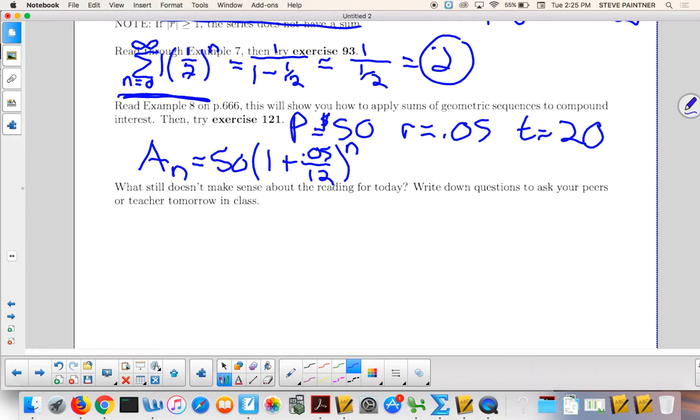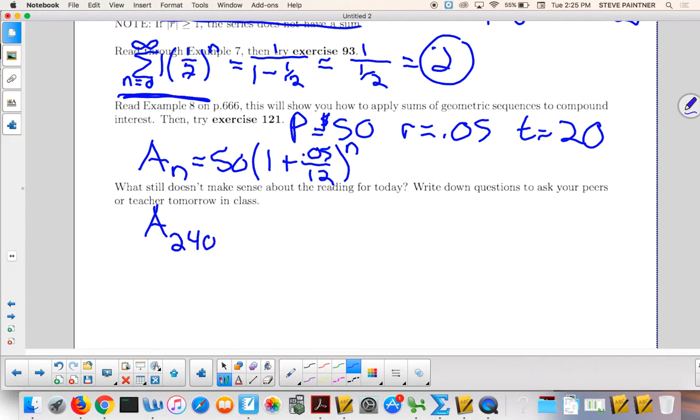And what it wants us to find in problem 121 is if we deposit $50 every single month for 20 years, how much money are we going to have at the end? So the money that gets deposited in the first month is going to grow for 240 months.